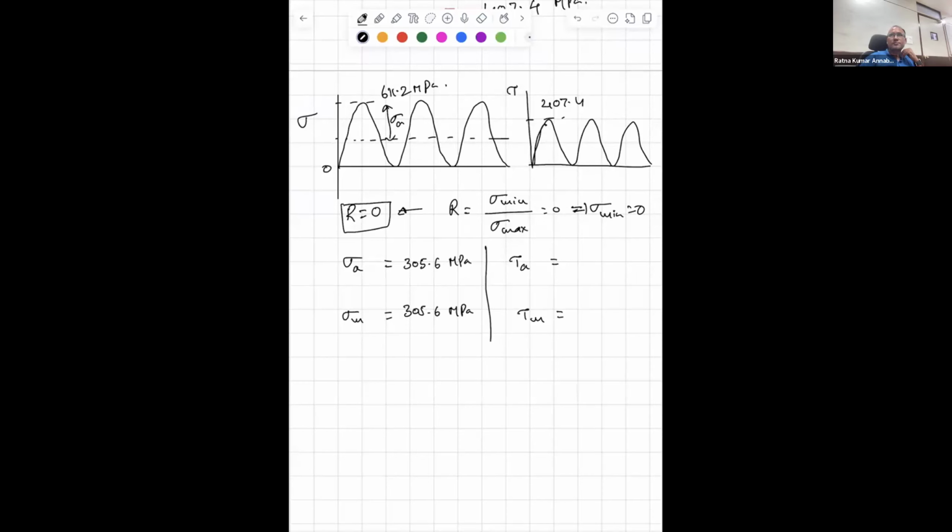How about the shear stress amplitude? That is simply 407.4 by 2, that is equal to 203.7 MPa.